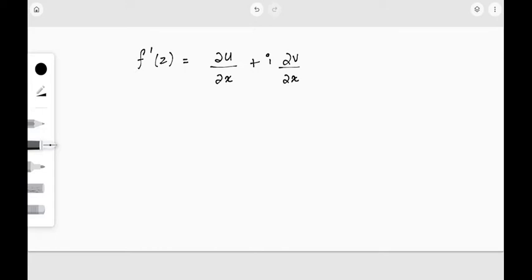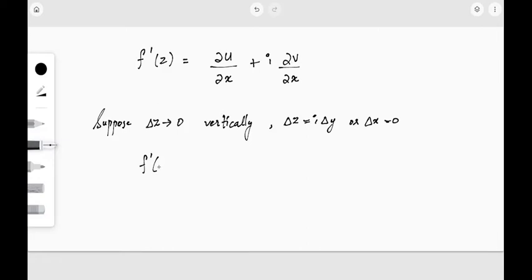Now next we will suppose that delta z tends to 0 in some other direction, that is, it tends to 0 vertically. So when it tends to 0 vertically, delta z will be nothing but I into delta y, that is, delta x will become 0. So if delta x is 0, let us see what happens to f dash of z.